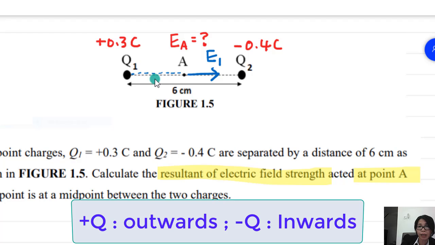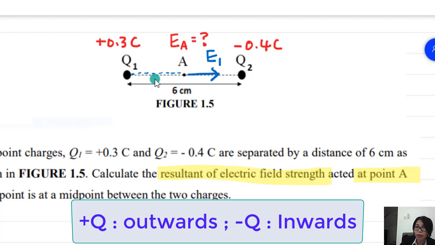Okay, E1. At the same time, Q2 also creates electric field. So the vector electric field E due to Q2. Since Q2 is negative, the electric field must be inward. So electric field untuk Q2 mesti masuk dalam charge.